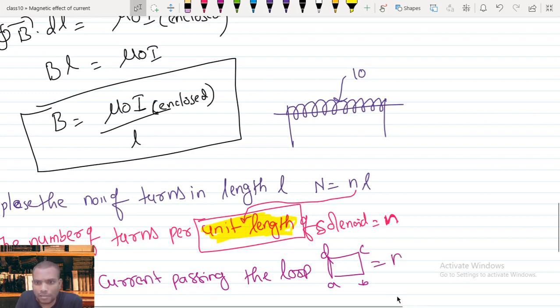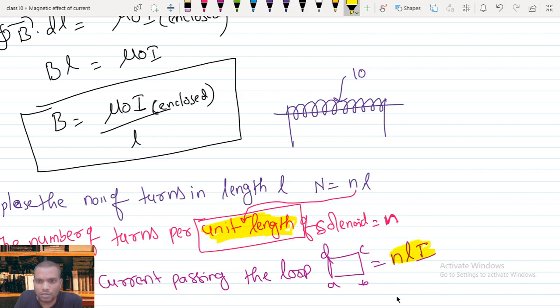The number of turns per unit length times the total length of the coil, and here the current is passing, so we need to multiply with that current I. Try to get this carefully.